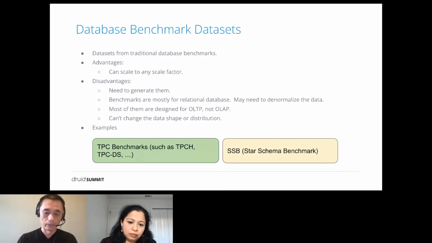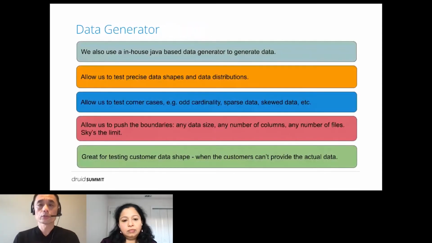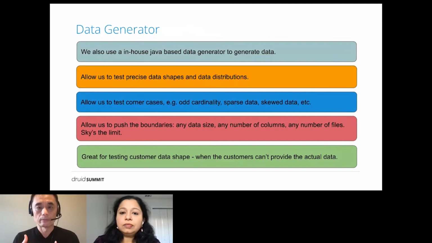So these are the problems of using either public domain data or benchmark data. So in order to test the scenarios that we want to test, we came up with the third solution: an in-house data generator.